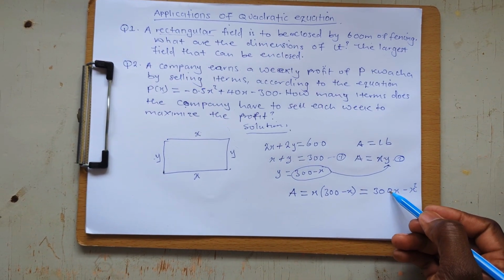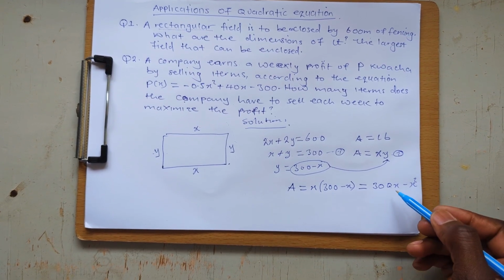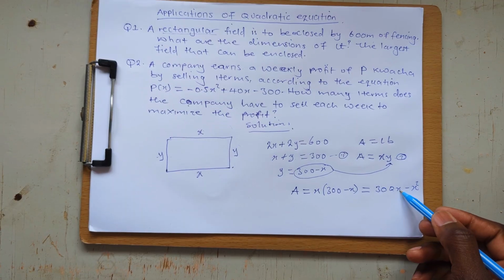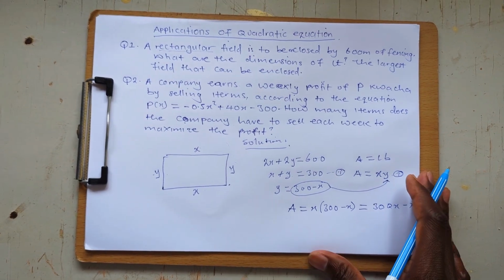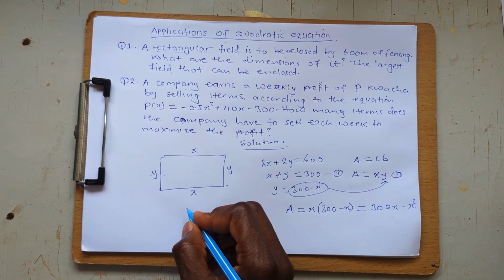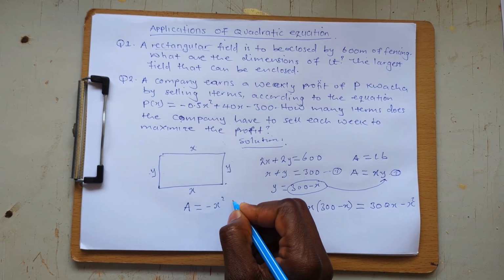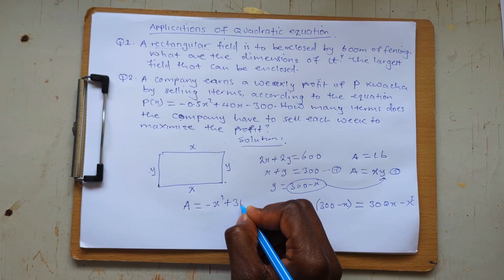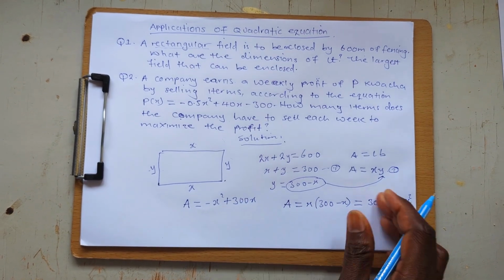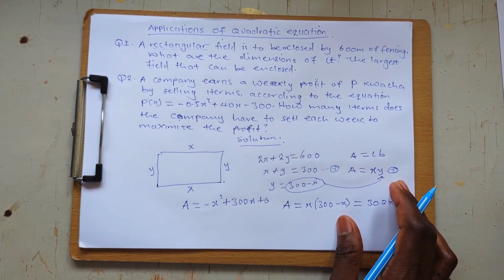Of course, this is going to be a quadratic equation because we have a part with x squared, a part with the x variable, and the constant in this case is 0. So area in simple terms can be written as negative x squared plus 300x. Of course, the constant is 0.